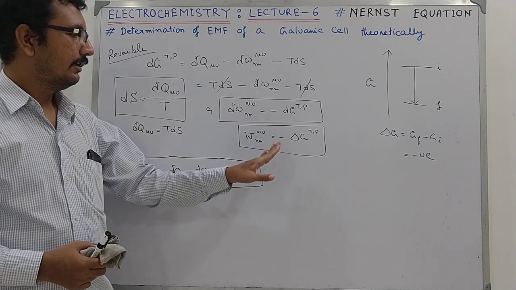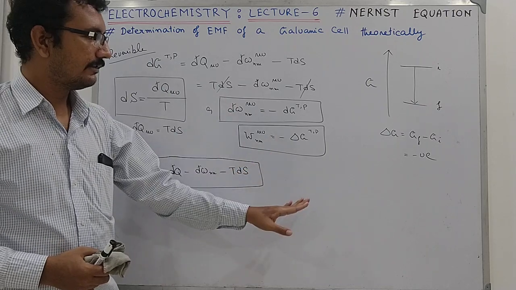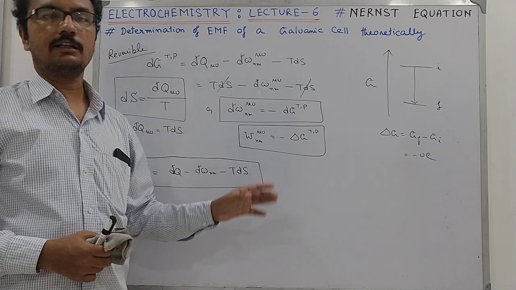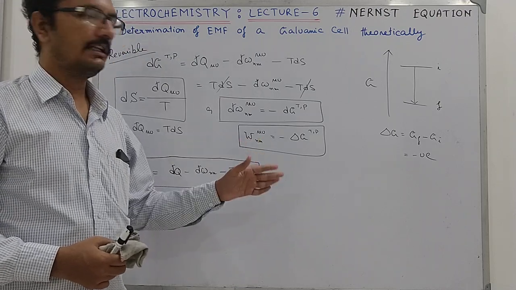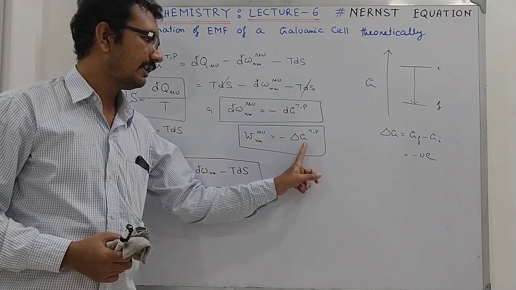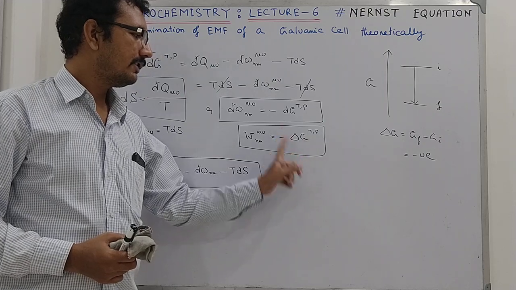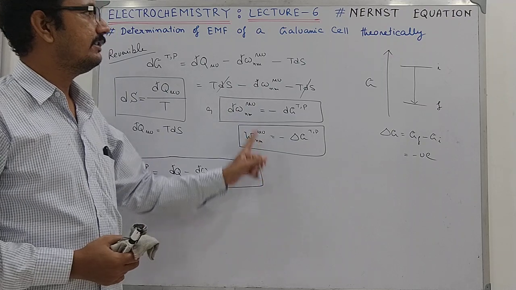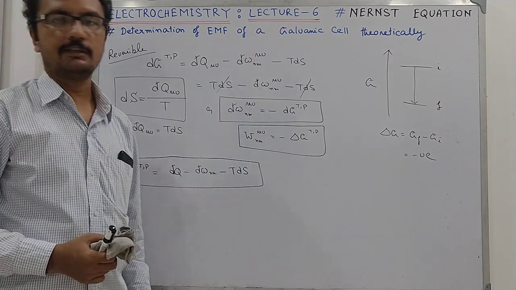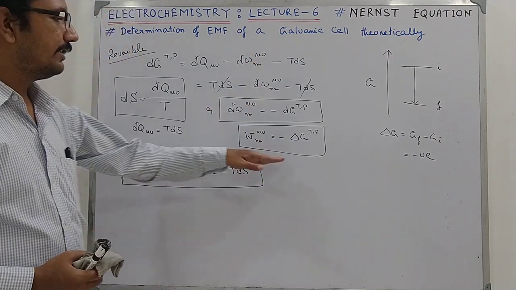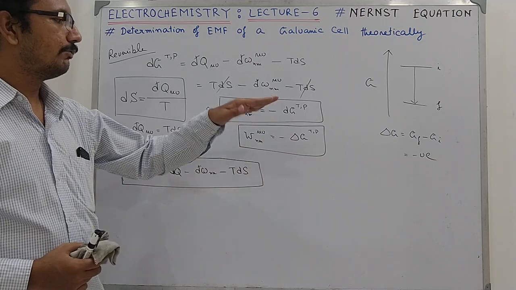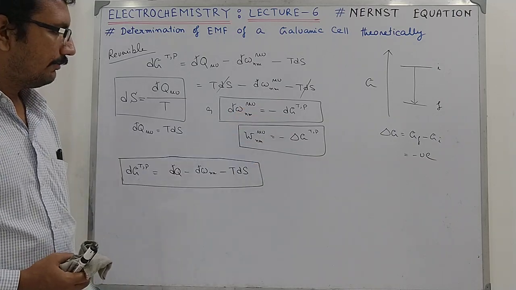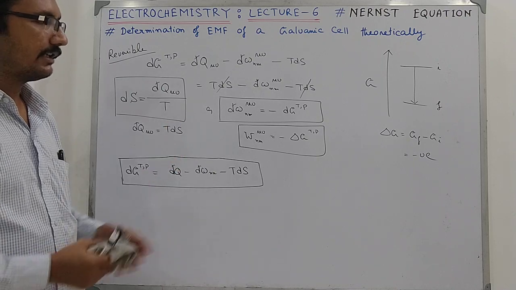So it is now clear that not enthalpy, not internal energy, nothing else other than the Gibbs free energy, whose change is equal to the amount of electrical energy that you get from a galvanic cell. If it is a quantitative relation, then obviously the qualitative relation is inbuilt within it. Now you see whether it is correct or not, just a check, formality.